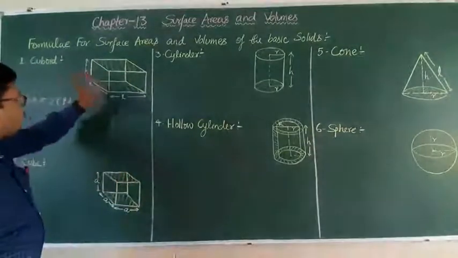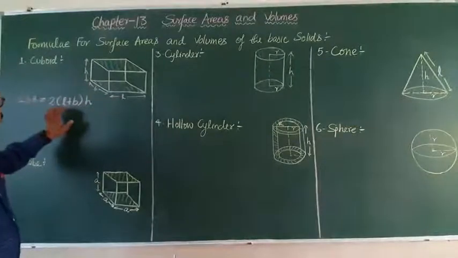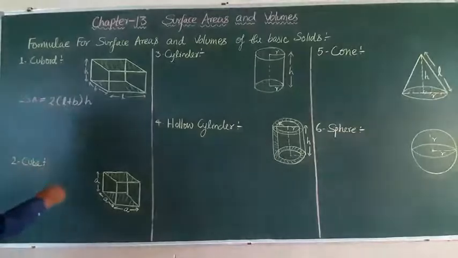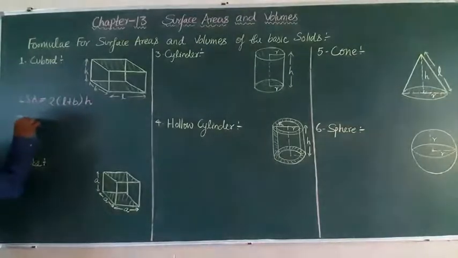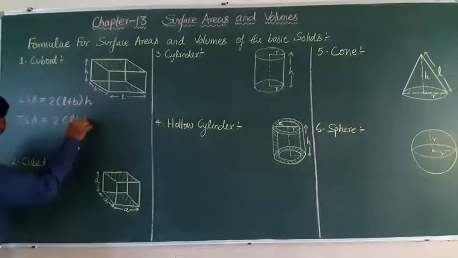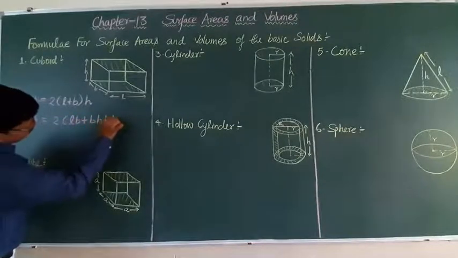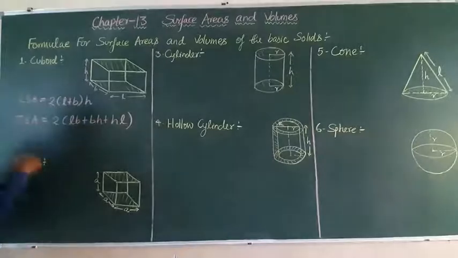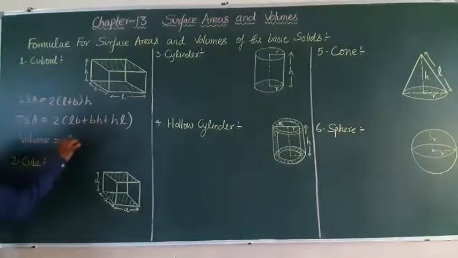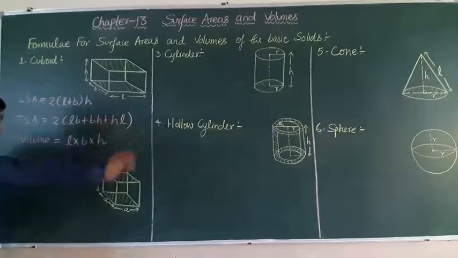Then area of four faces will be 2(L plus B)H. Now TSA, then TSA is what? TSA is equal to 2 times (LB plus BH plus HL). And volume is equal to L into B into H.